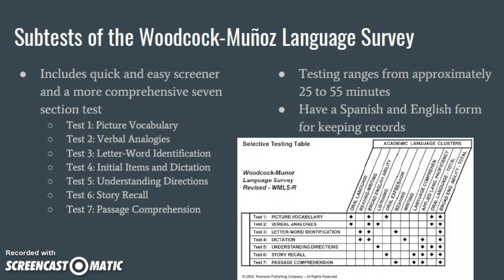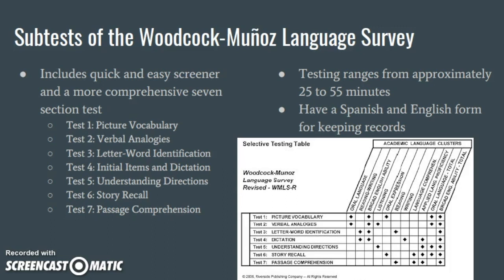The task requires the subject to listen to a sequence of audio recorded instructions and then follow the directions by pointing to various objects in a colored picture. The story recall measures aspects of oral language. The task requires the subject to recall complex stories that are presented using an audio recording. And finally, the passage comprehension measures how well a subject understands written discourse as it is being read.